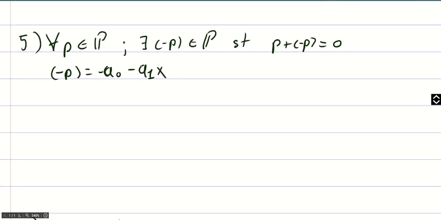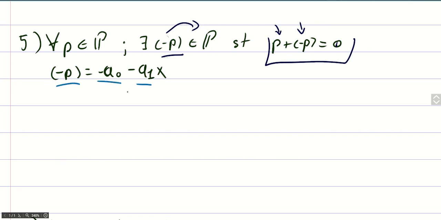Let's move to the inverse. The inverse is a polynomial that lives in this space P and satisfies this condition. If we pick any polynomial and calculate its inverse, we obtain the zero vector, or the zero polynomial in this case. So the inverse is going to be defined just by negating the coefficients, that is, the additive inverse on the coefficients.